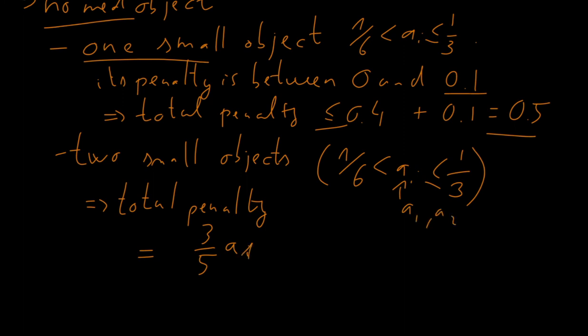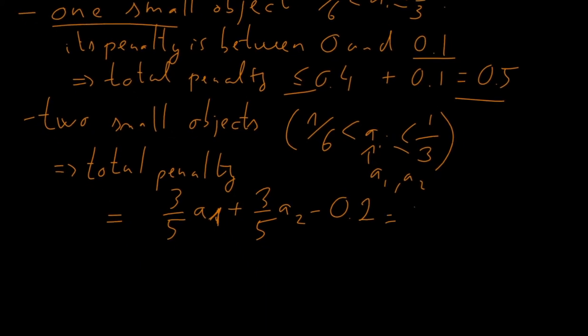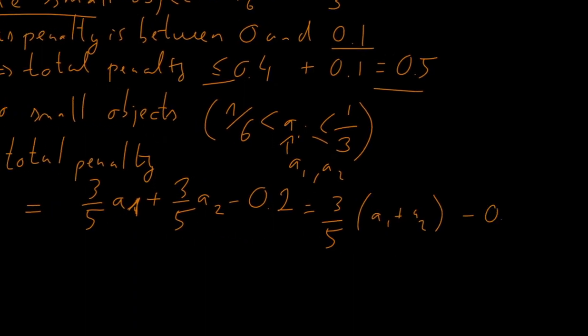So it's 3 over 5 A1 plus 3 over 5 A2 minus 0.2, because for the first object you have 3 over 5 A1 minus 0.1, and for the other you have 3 over 5 A2 minus 0.1 again. So in total it's 3 over 5 times (A1 plus A2) minus 0.2.